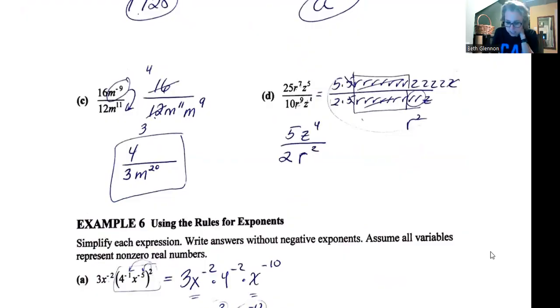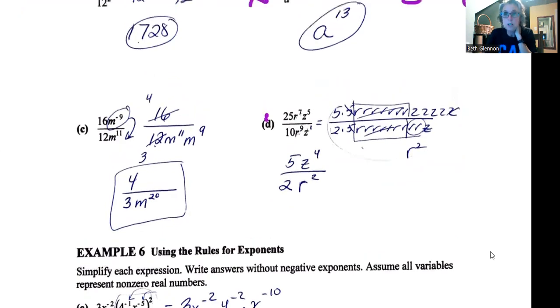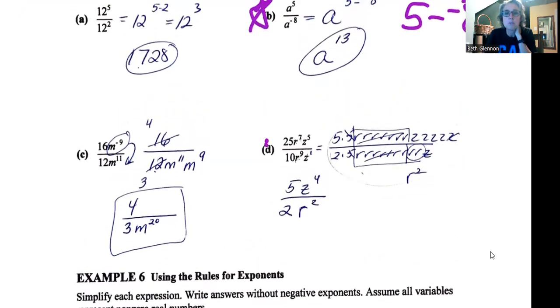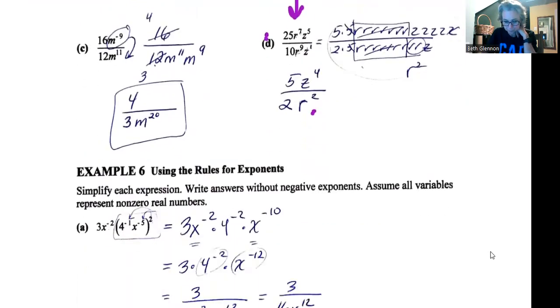In part D, I just wrote it all out so you can see every single term just dropping out, which really all you could do is take those R's, do 7 minus 9 and you have negative 2, and that leaves the R squared in the denominator, okay?